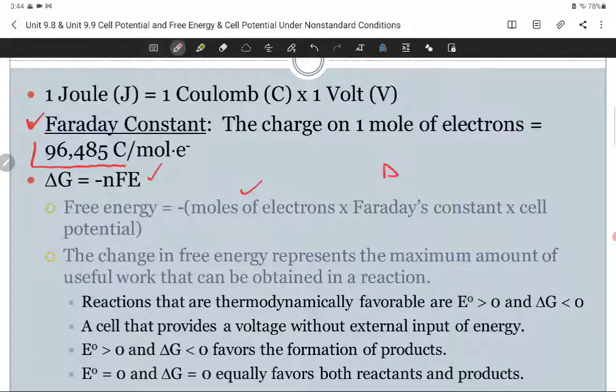And you know from previous units that if delta G is negative, that means thermodynamically favored, that means more left to right than right to left. And also from previous sections, we know that E-cell positive means that's thermodynamically favored, and the reaction runs left to right, not right to left. And so that's what this says down here at the bottom.